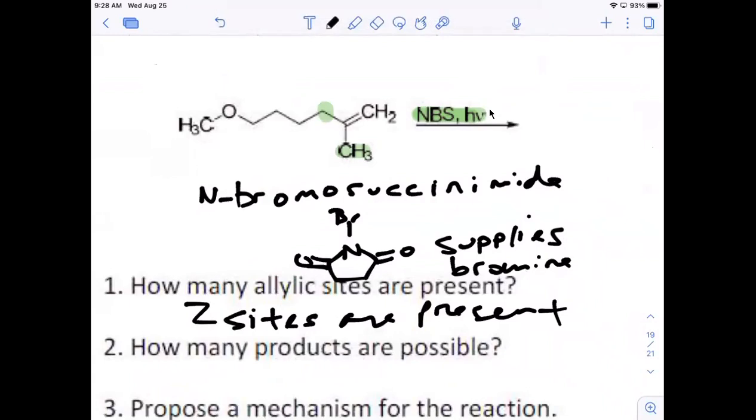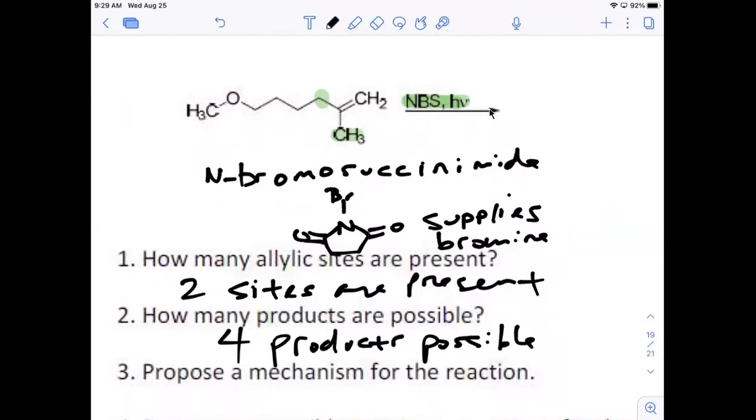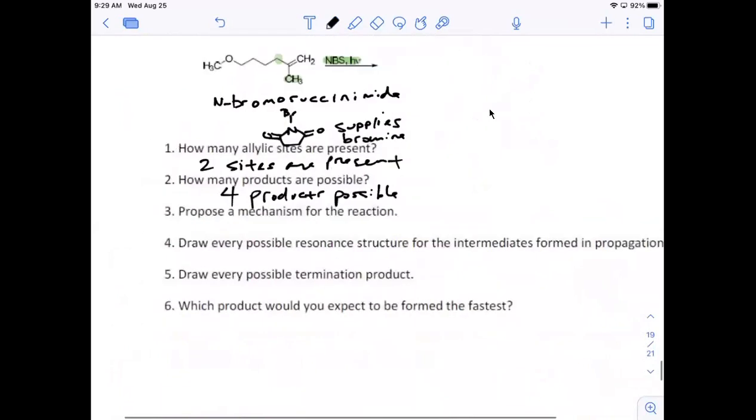Now, the second question asks how many products are possible. Right? We're just predicting at this point. What do you think? If we have two allylic sites and we make two allylic radicals, and you know that the allylic radical can rearrange through resonance, how many products do you think we're going to get total? 4. 4. Very good. So right now, what we're going to do is go through the mechanism, because this fourth question touches on what we've been talking about above with the resonance.